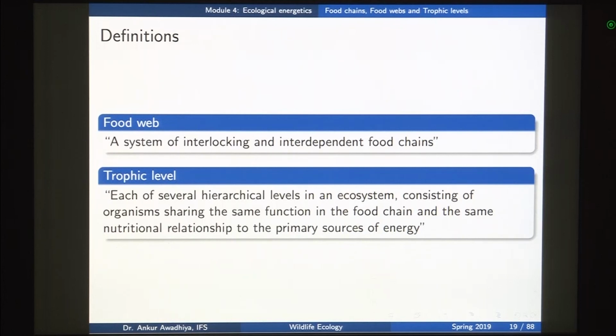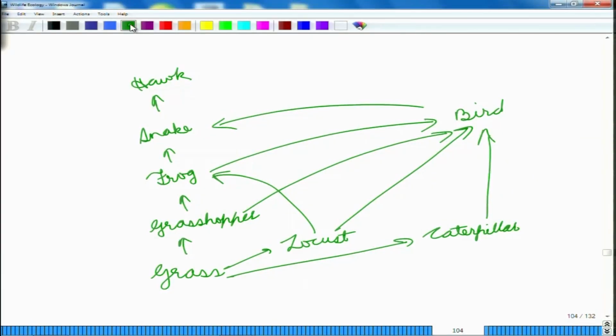A trophic level is each of several hierarchical levels in an ecosystem, consisting of organisms sharing the same function in the food chain and the same nutritional relationship to the primary source of energy. So, when we look at this food web, here you have grass, you may also have some trees, some shrubs, some herbs, and so on.